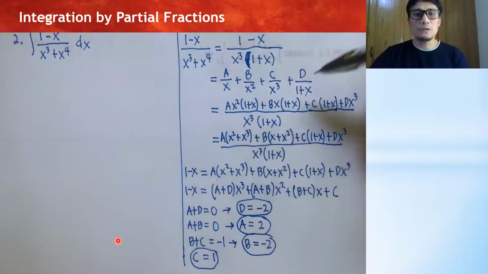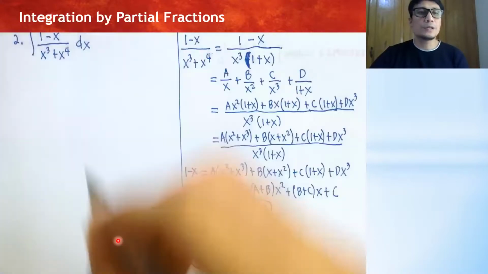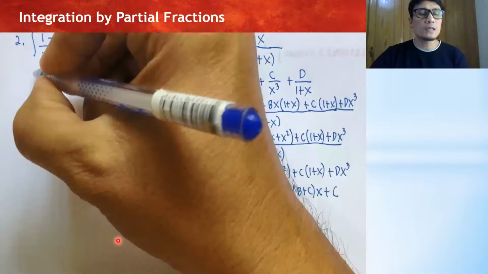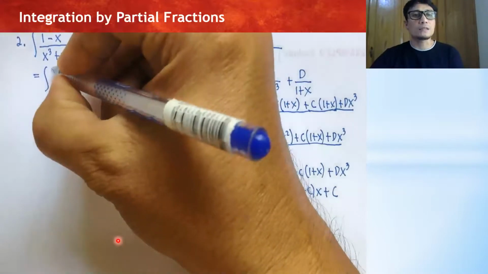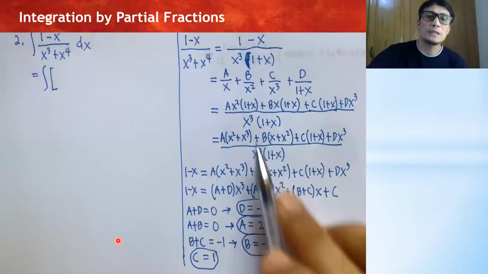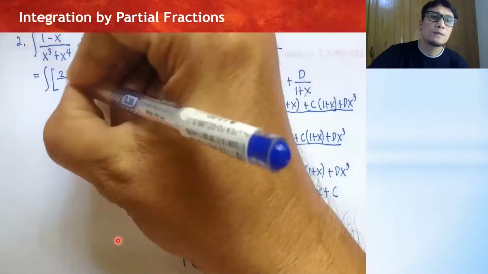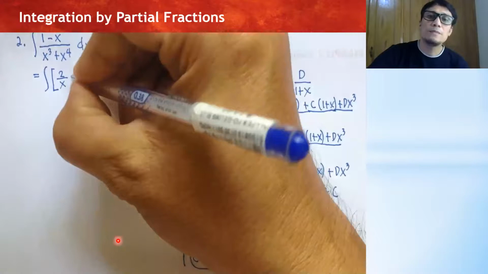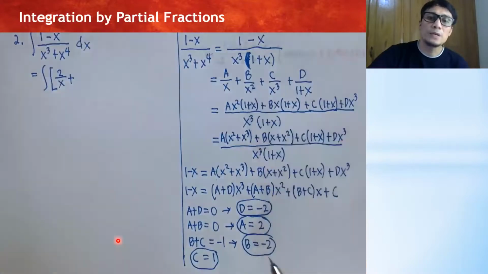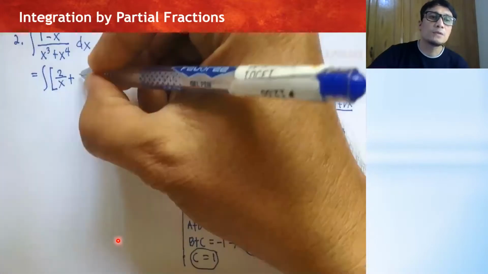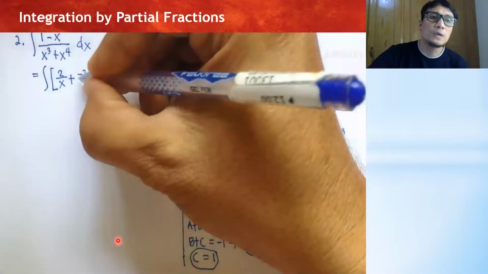We substitute those to our partial fractions, and we can now rewrite the integrand as a over x, where your a is 2, so you have 2 over x, plus b over x squared, where your b is negative 2, so you have negative 2 over x squared.